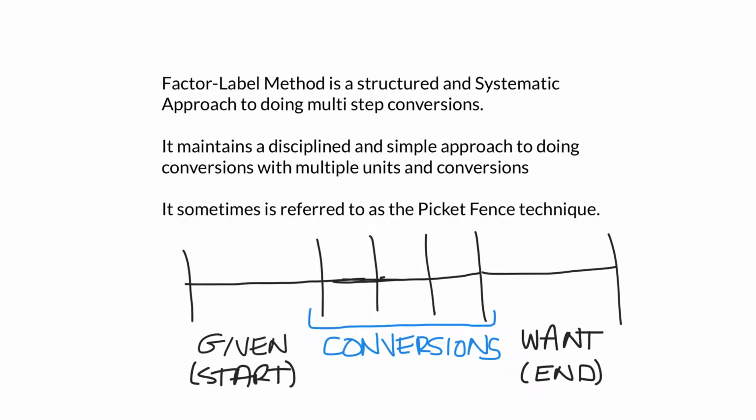When you do the picket fence or the factor label method, all you're doing is converting from what you were given to what you want through a series of conversion steps. Now, you can make this only one conversion step, or multiple. For example, if I want to convert from minutes to seconds, that's only a single conversion step. But let's say I wanted to convert from years to seconds, right?